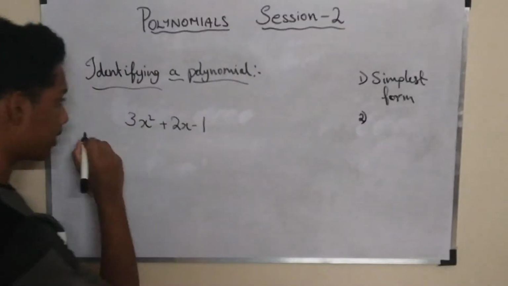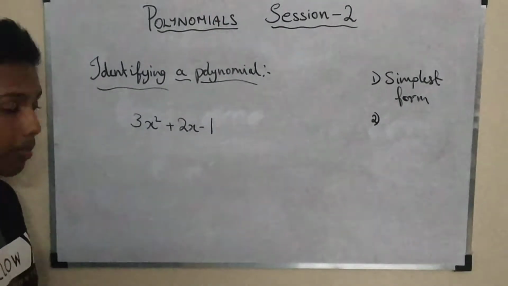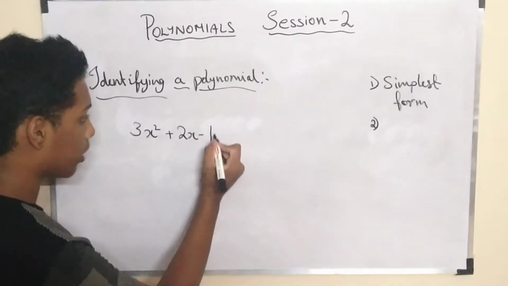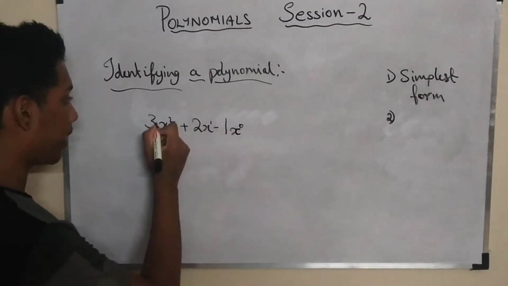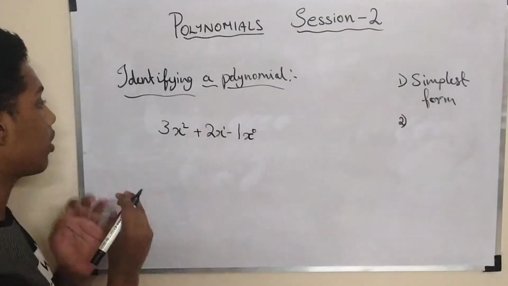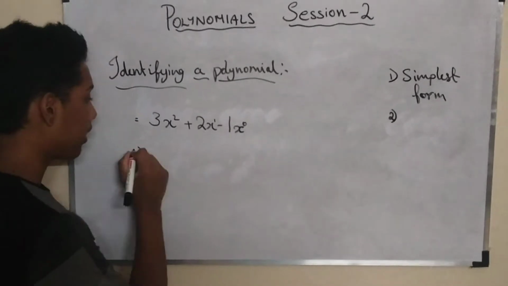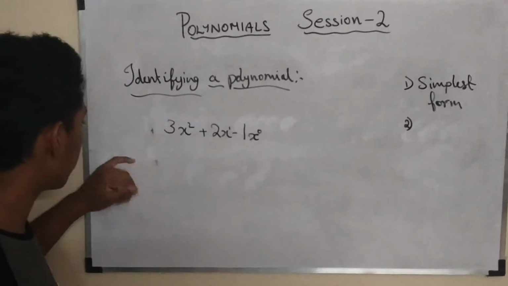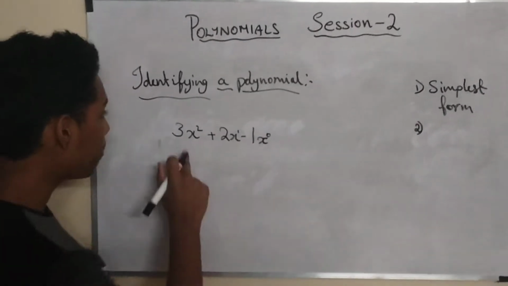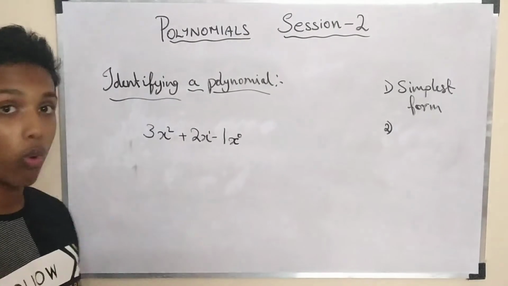Okay, first is make it into simplest form, but here we have all different variables. Here x power 0, because it's for a constant polynomial, we can assume, so here degree 0, here degree 1, here degree 2. So this is the simplest form. We cannot make it more simple. Now the next step is to see that the powers of these variables in the given polynomial are whole or not.